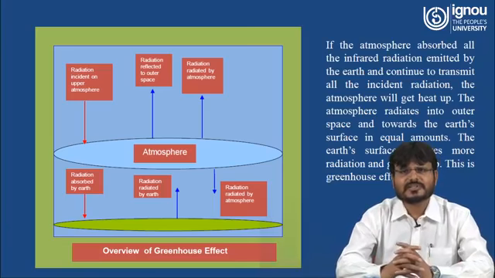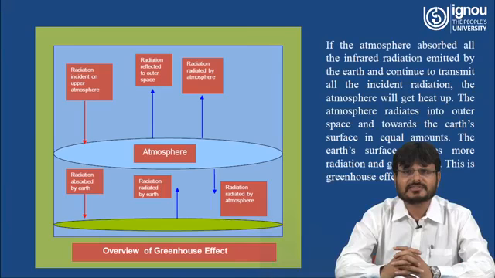If the atmosphere absorbs all the infrared radiation emitted by the earth and continues to transmit all the incident radiation, the atmosphere will heat up. The atmosphere radiates into outer space and towards the earth surface in equal amounts. The earth surface receives more radiation and heats up. This is the greenhouse effect.